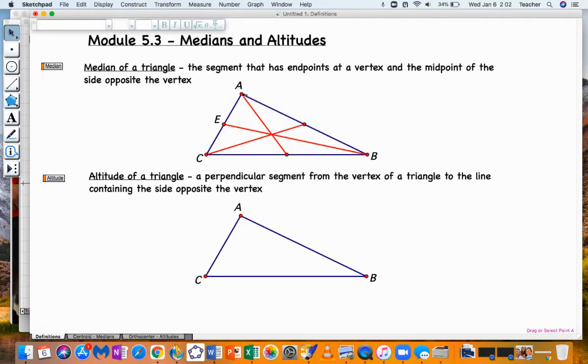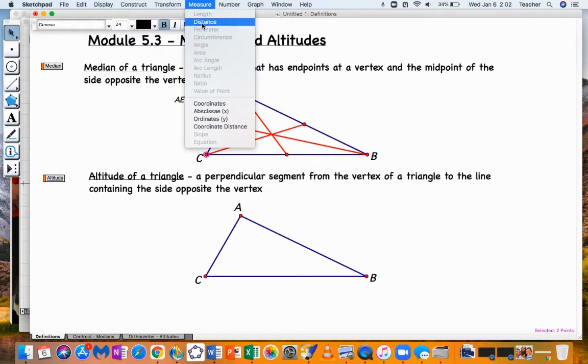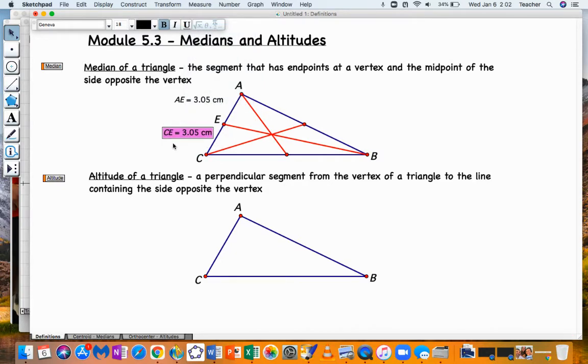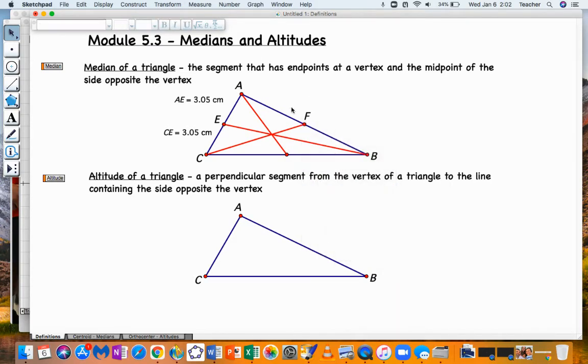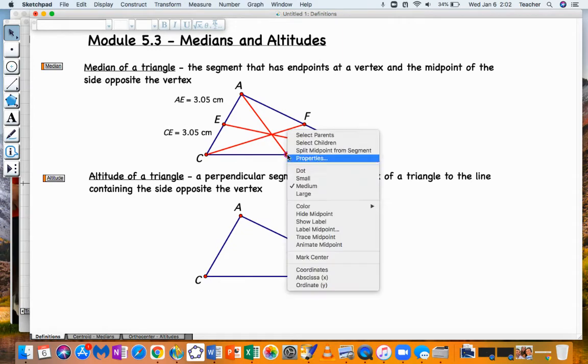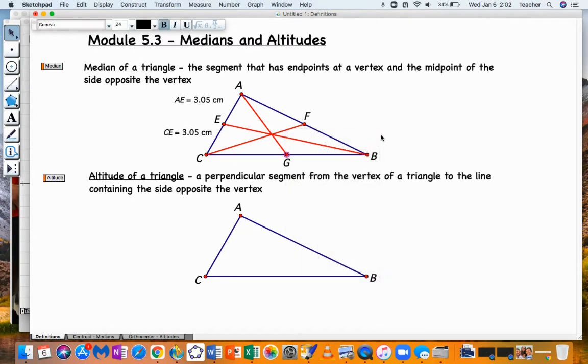Whatever that distance AE is, if E is truly the median, then CE should be the same thing. And it is. The same thing happens with this median, which would be F: AF is going to be the same as BF. And with this one, the distance C to G is going to be the same as the distance G to B.